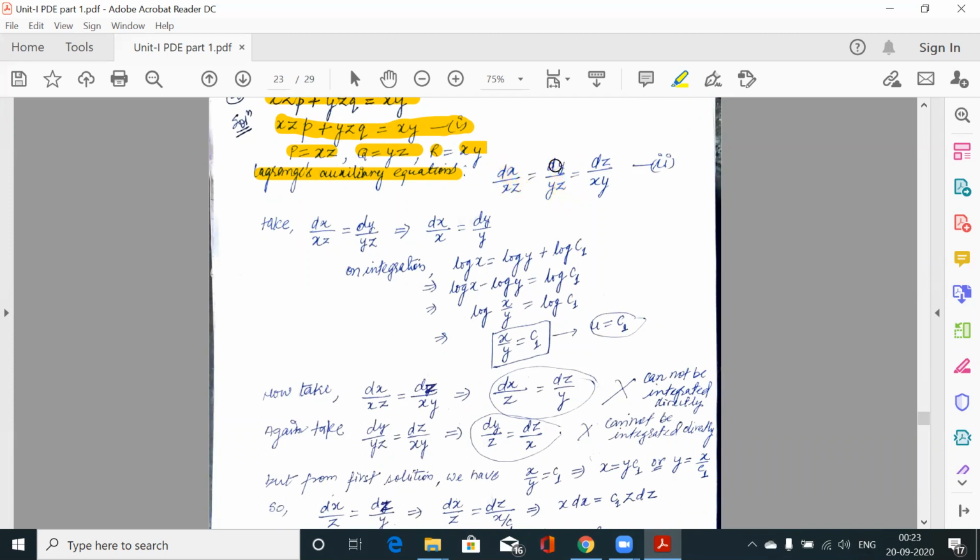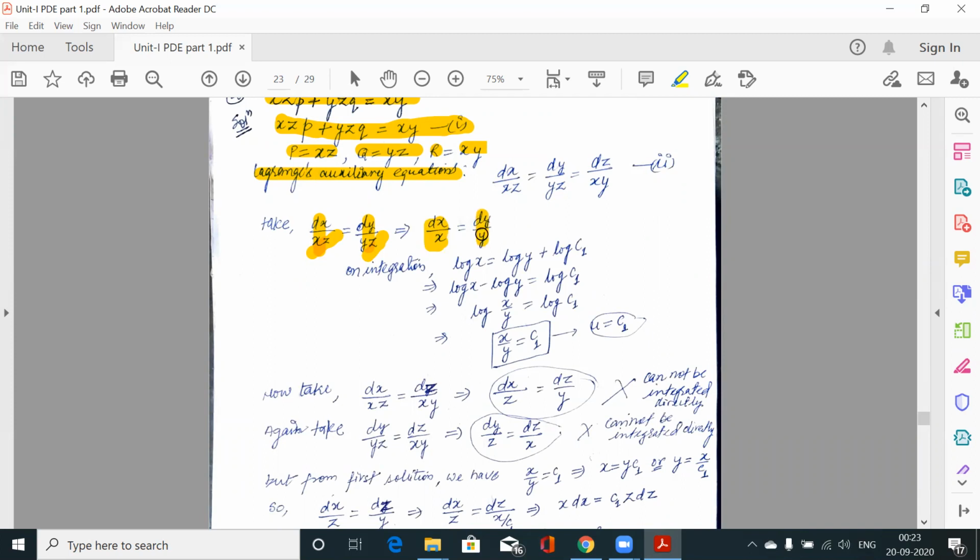So suppose we have taken these fractions dx over xz and dy over yz. Now we know these two fractions are equal, so we can cancel out these z's. This z will be cancelled by this z, so the fraction would become dx over x, dy over y.